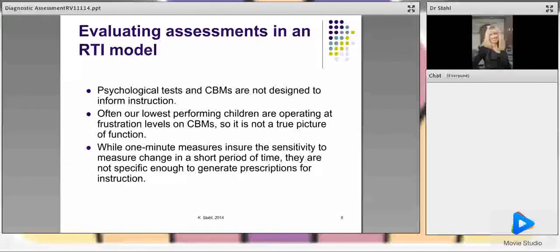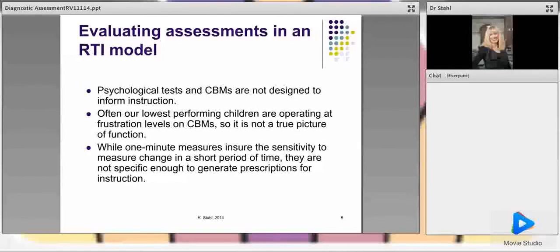Now, as John Hintz said in his last presentation, the psychological tests and CBMs are not really designed to diagnose specific needs. He actually compared it, he said it's like using apples and oranges.